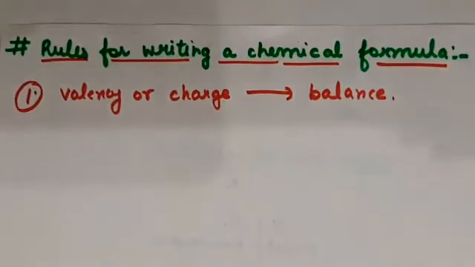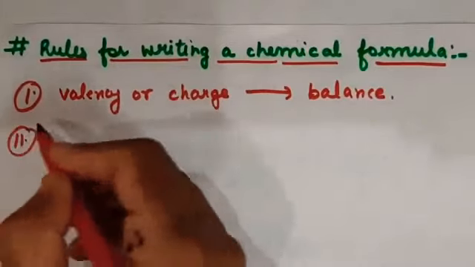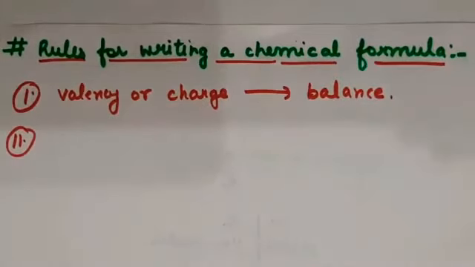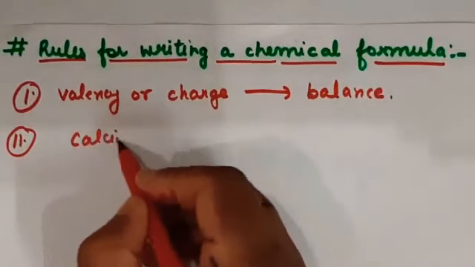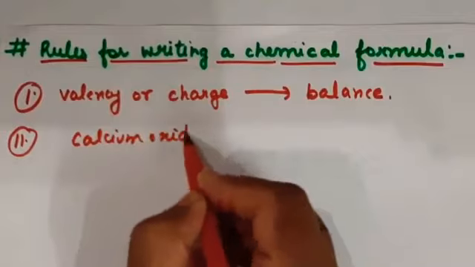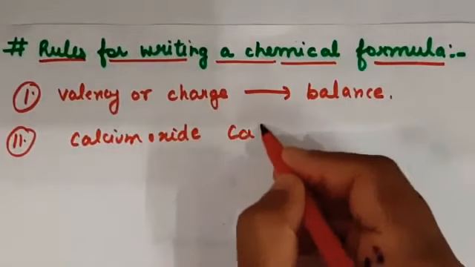Number 2, when a compound consists of a metal and a non-metal, the name or symbol of the metal is written first. For example, calcium oxide. The formula is CaO.